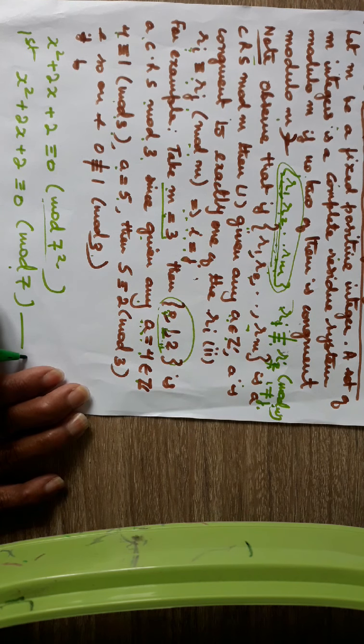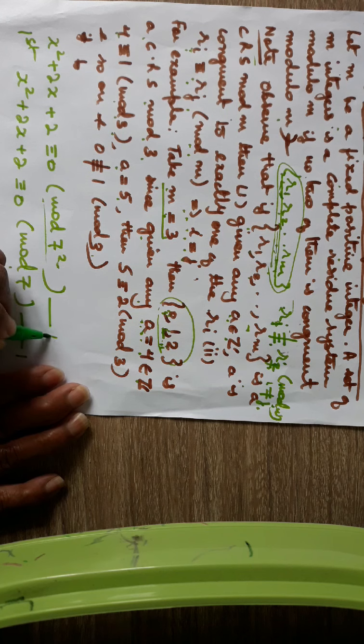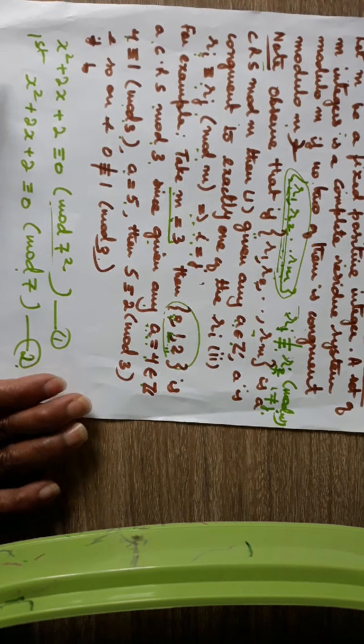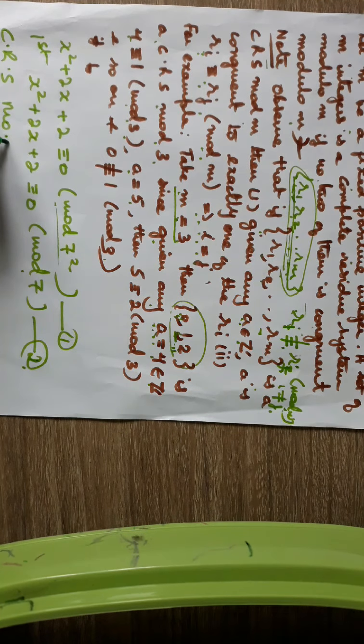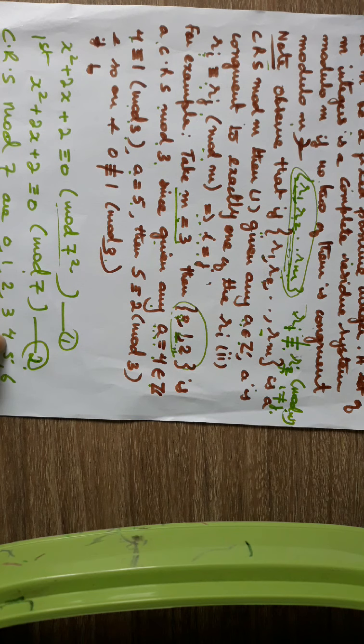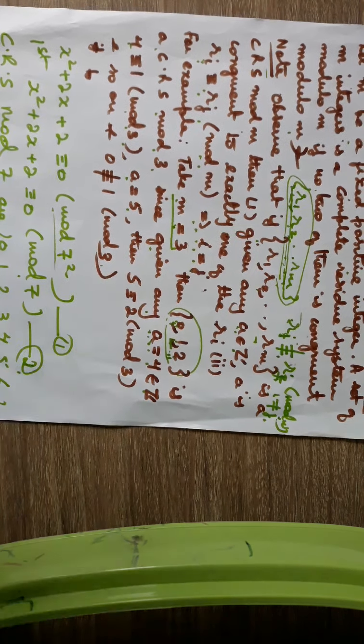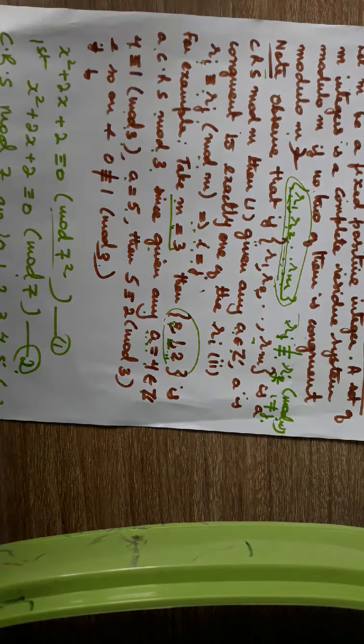Name this as equation 1 and this as equation 2. So the CRS modulo 7, based on this definition, are 0, 1, 2, 3, 4, 5, 6. These are the set of complete residue system modulo 7.